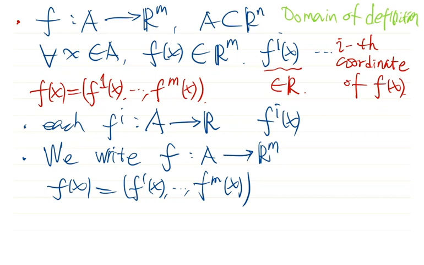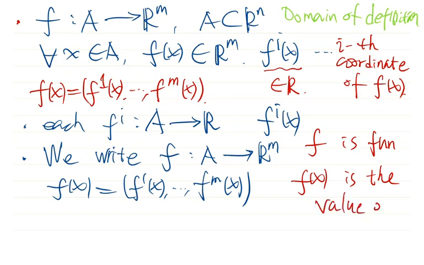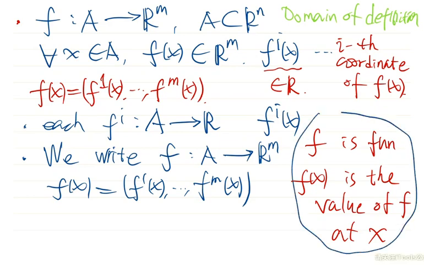But we will emphasize this distinction between f and f(x). f is a function or map, but f(x) is the value of the function f at x. We will emphasize this distinction. You should have this in mind during your study.